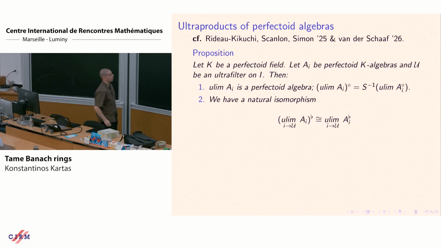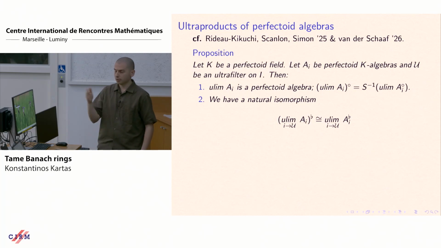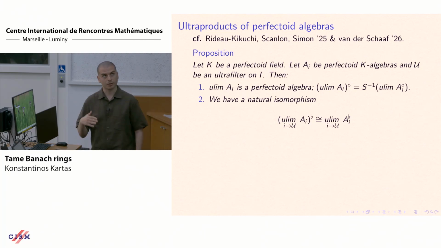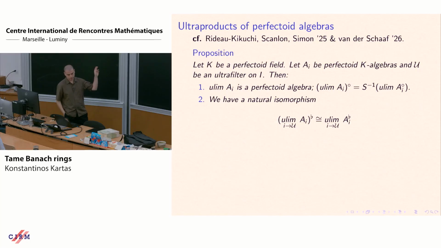You can also describe the power-bounded elements in a similar way, in terms of the ultra product of the power-bounded elements of the A_i. And a key observation, which will be used later, is what I said before: tilting commutes with ultra products. So the tilt of the ultra product is the ultra product of the tilts. But it's crucial to use Banach ultra products for this to make sense.